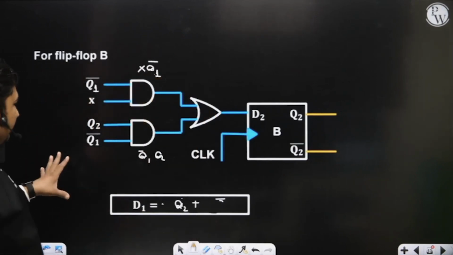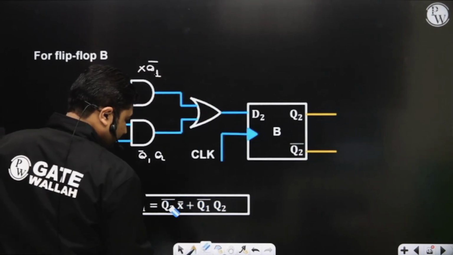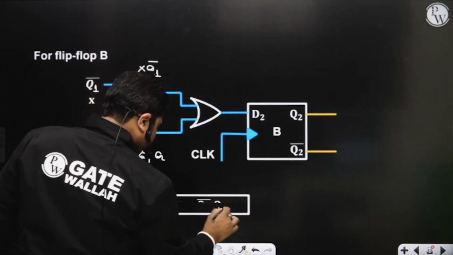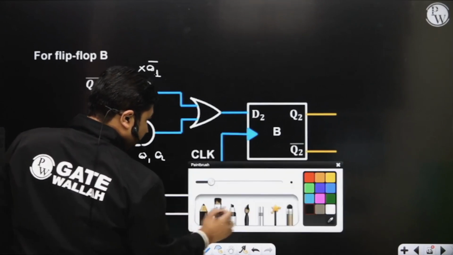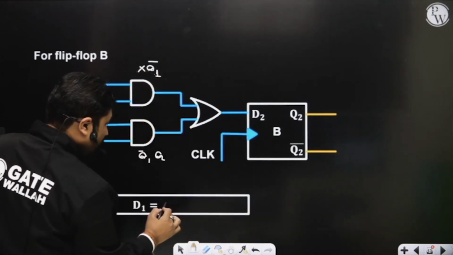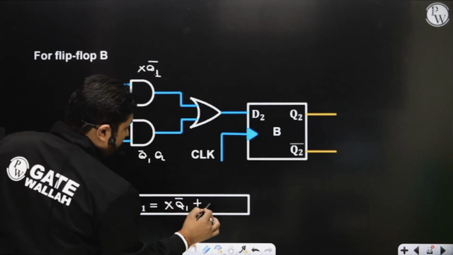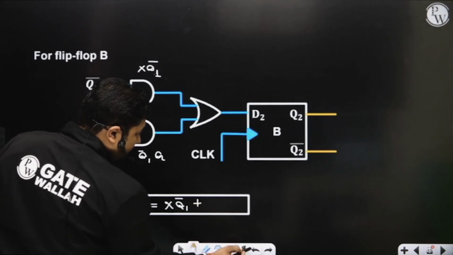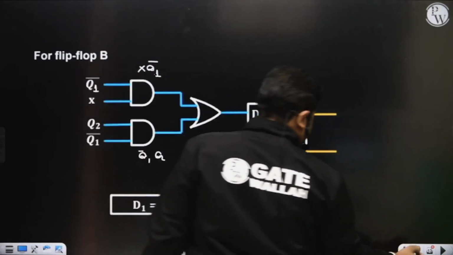Up to this part everything is clear, sir. Please let me correct it. This is x Q1 complement plus Q1 Q2 Q1 complement. Q2 Q1 complement. Yes, sir.